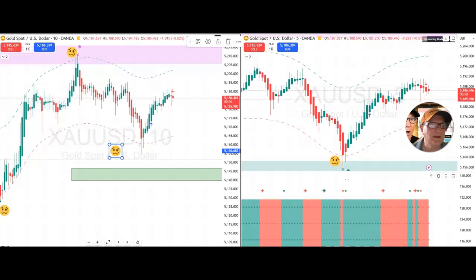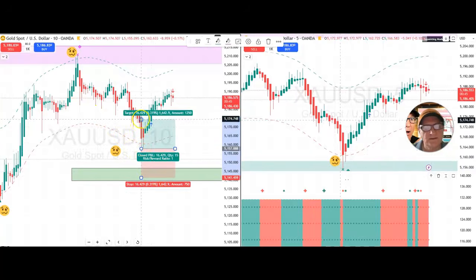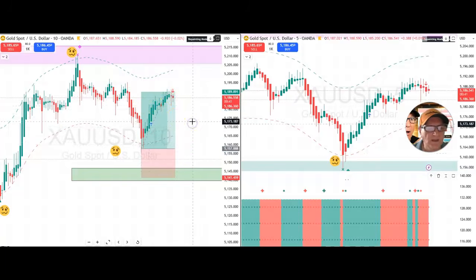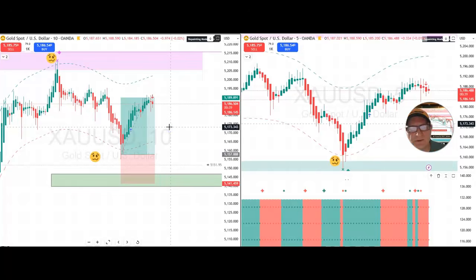So buying into this area makes a lot of sense. There would be perfect with a 2-to-1 somewhere up there. Okay, so have a look at that and see what you think.